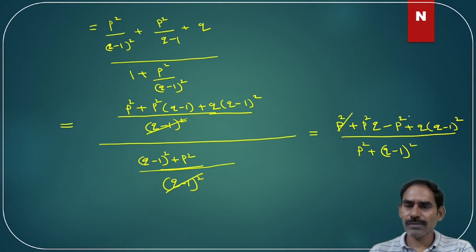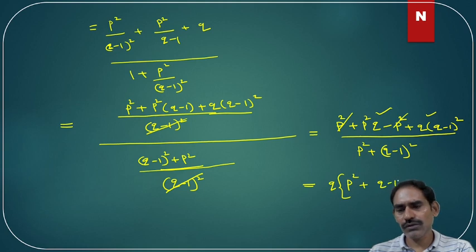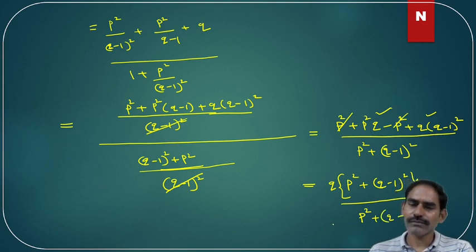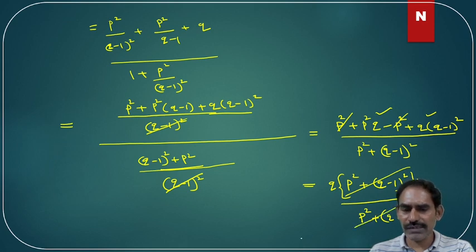Here plus p square minus p square gets cancelled. In the remaining terms, q is common, leaving q into (p square plus (q minus 1) whole square) by (p square plus (q minus 1) whole square). These terms get cancelled. Final answer is q.